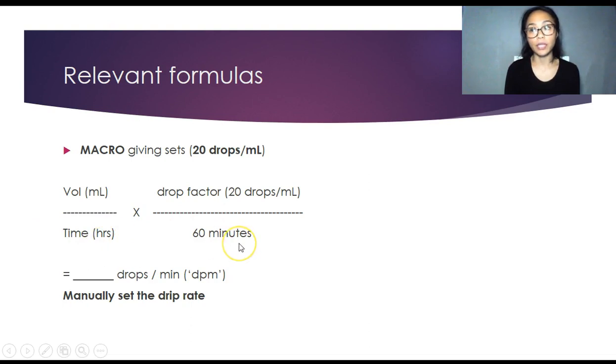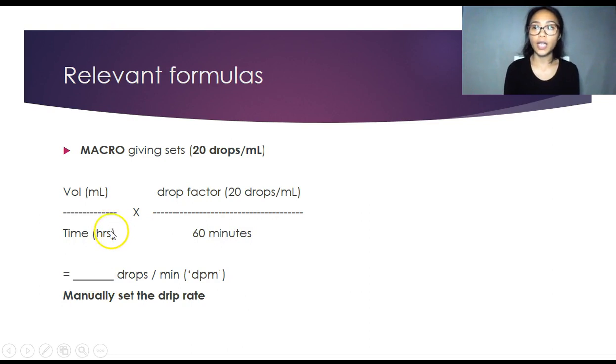So time in hours multiplied by 60 minutes gives you time in minutes. Remember that because sometimes you have something where it says 120 minutes. In that case, you just leave it as the denominator as 120 minutes. You don't need to put the time in hours and then multiply it by 60. You just need time in minutes, and that's what this bottom formula gives you in the denominator.